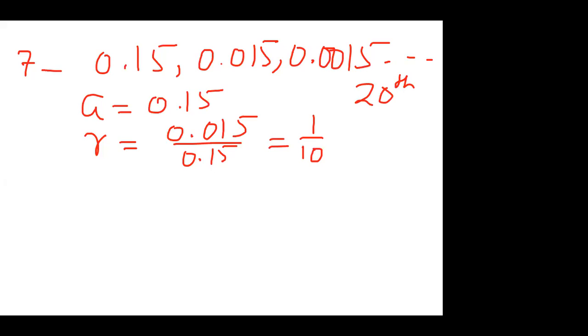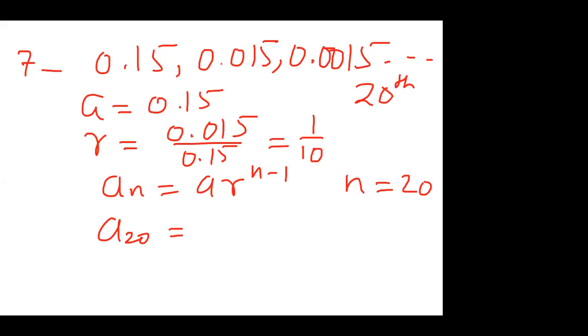Now we need to find the 20th term. The formula for the 20th term, a_n is equal to a r to the power n minus 1, and n is given as 20. So a_20 will be equal to a, that is the first term 0.15, common ratio 1 upon 10, whole to the power 20 minus 1, that is 19.